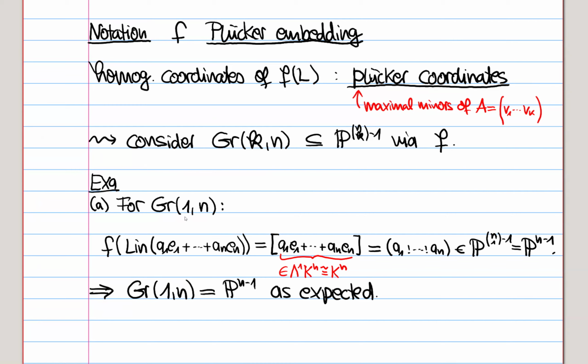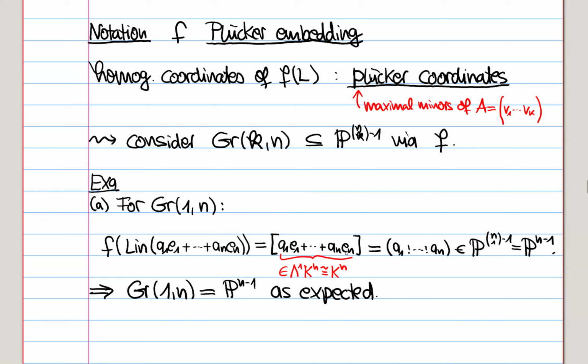one-dimensional linear subspaces. And well, what does the Plücker embedding do if we have this one-dimensional space spanned by some combination of these n basis vectors? Then it's just sent to the same vector in wedge 1 of k to the n, which is just isomorphic to k to the n itself.